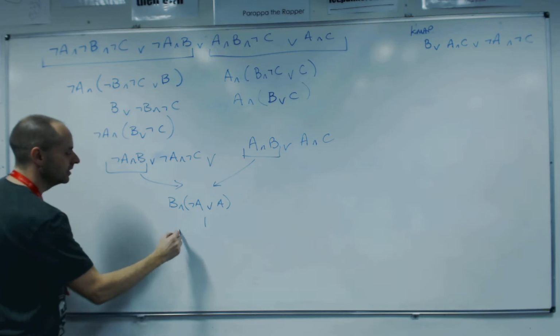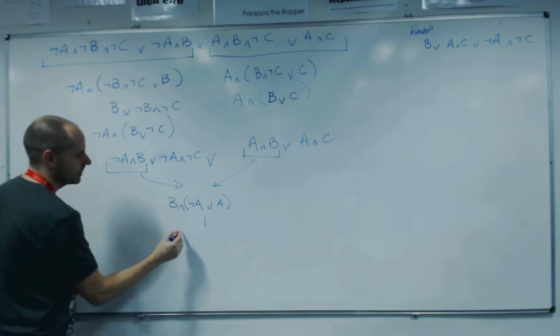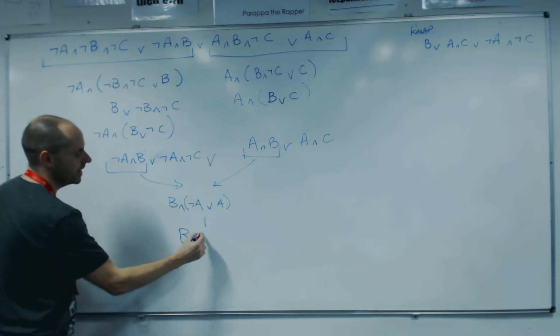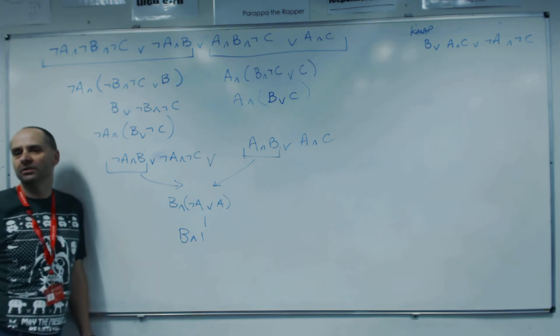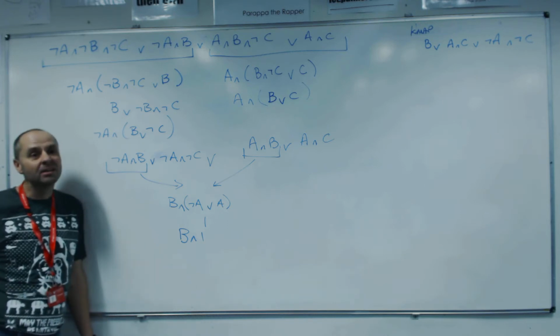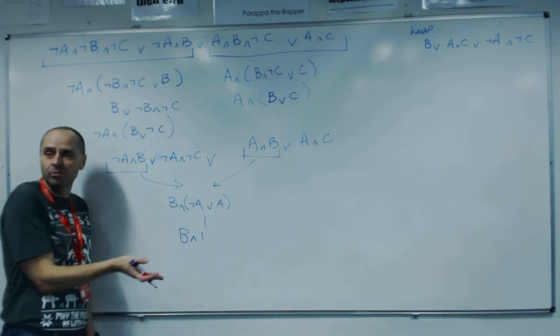So we end up with B and 1. So what did we say B and 1 reduces to? B. So B becomes the controller, and if B's 0, it's 0. If B's 1, it's 1.